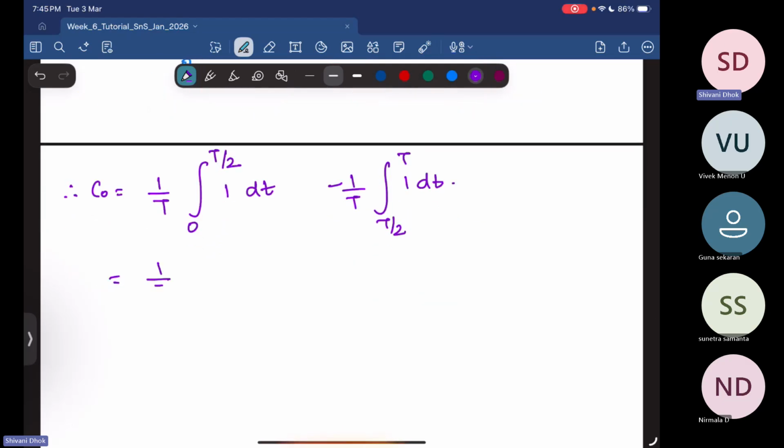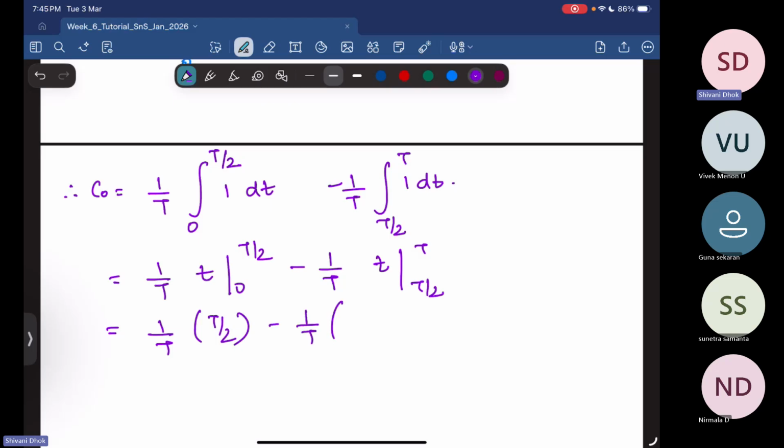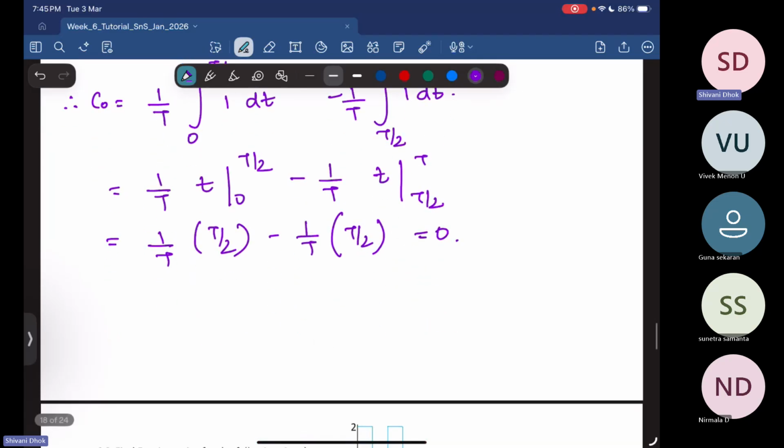So this is equal to 1 by T into t from 0 to T by 2, minus 1 by T into t from T by 2 to capital T. So this is equal to 1 by T into T by 2 minus 1 by T into T minus T by 2, which is again equal to T by 2. So this comes out to be equal to 0. So what do we get?